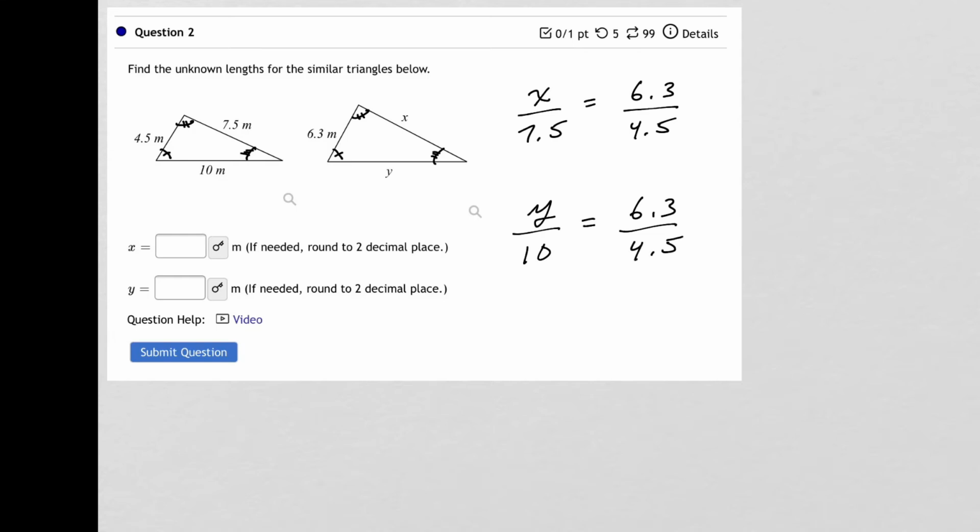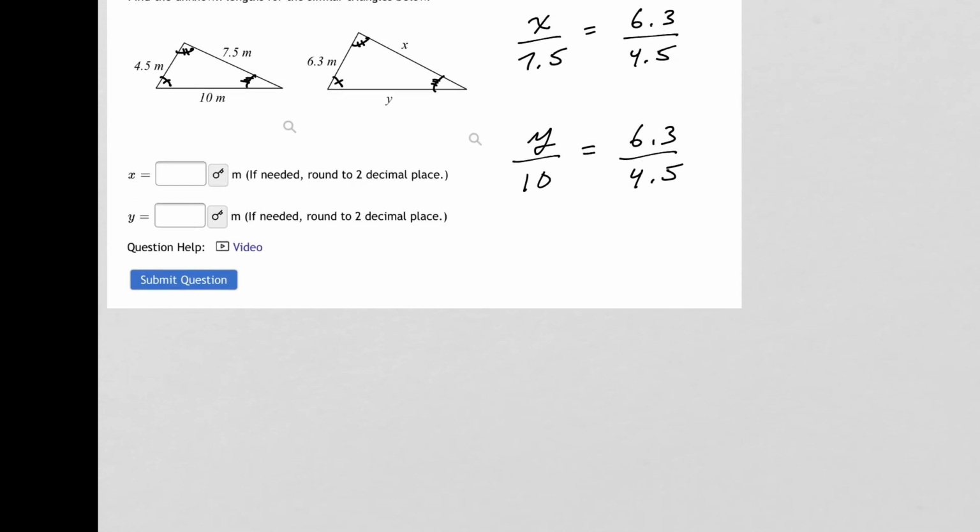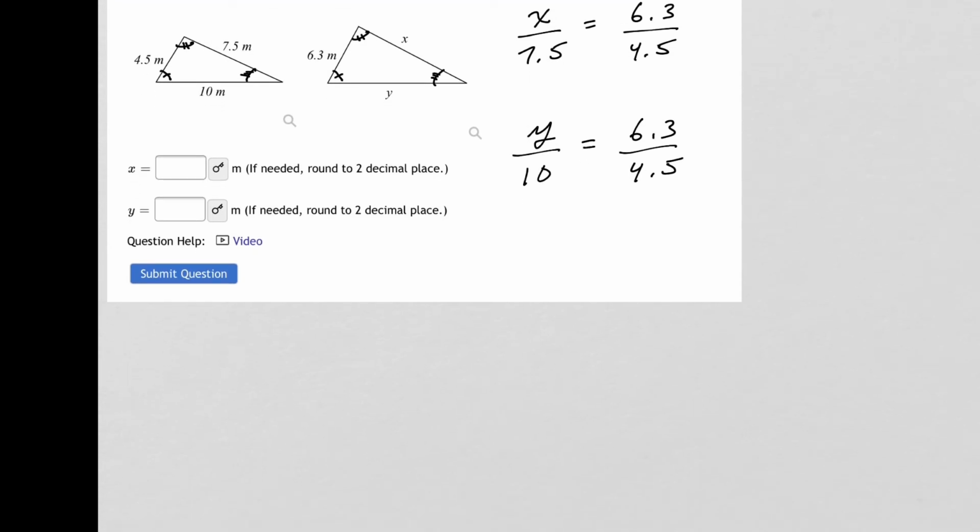Okay, so now I just need to solve these, and again, I'm going to use cross multiplication. So let me write down this problem again. I have x over 7.5 is equal to 6.3 over 4.5, and then this one's going to be y over 10 is equal to 6.3 over 4.5.